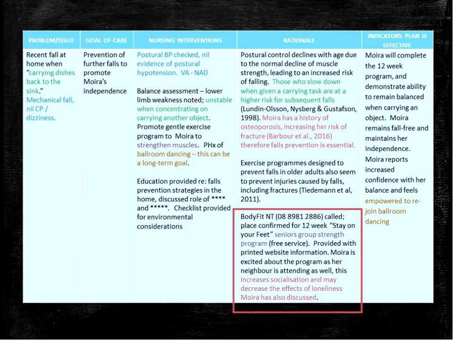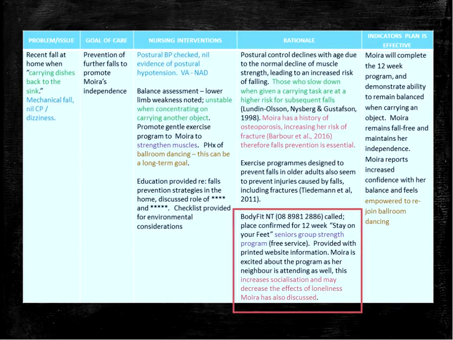We know that Moira has a history of osteoporosis. Just osteoporosis. There we go, got it. And therefore her risk of a fracture, and a significant fracture, actually triples in this case. So we know that exercise programs help people build strength and prevent falls.